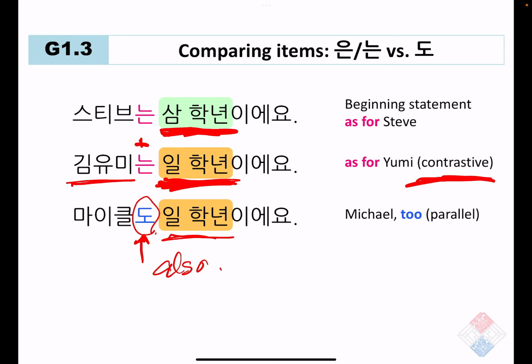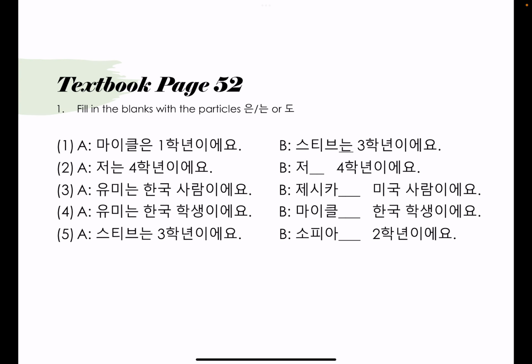But Michael and Kim Yumi are in first year together. So we want to indicate that Michael is also first year compared to Yumi. Okay, so in this case, both are fourth year. A and B are both fourth year, so it's going to be 도.